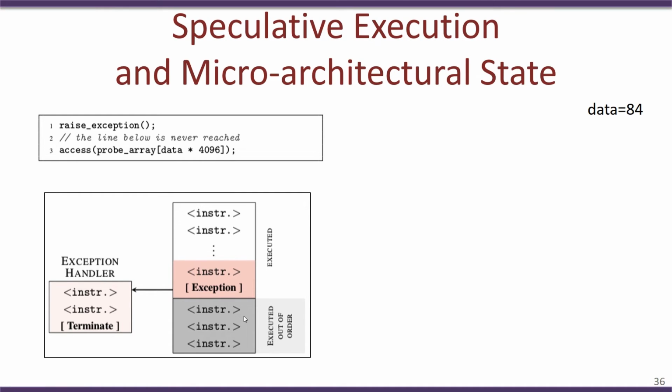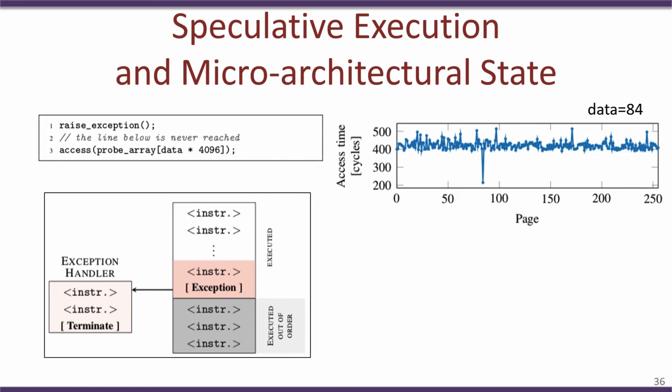However, what is seen is that these speculatively executed instructions may have a signature in, say, the memory access. So, for example, what would happen here is that there would be a memory access which is done speculatively, and data corresponding to probe array data into 4096 would be loaded into the cache memory from the lower levels of the memory.